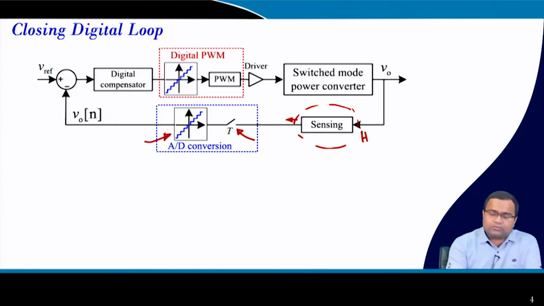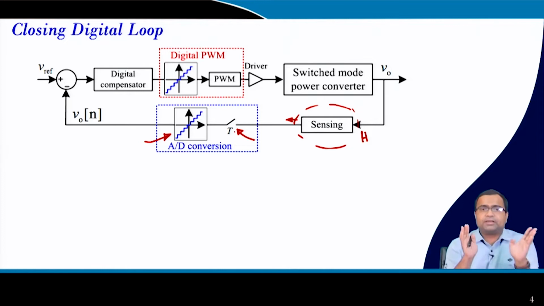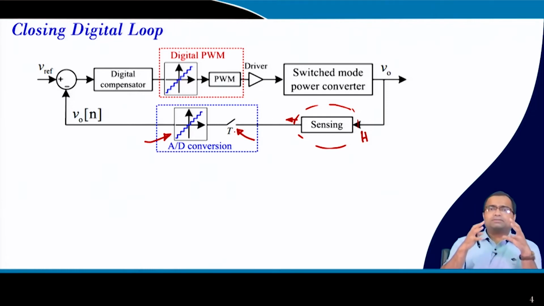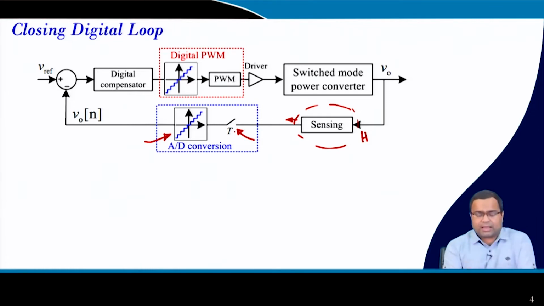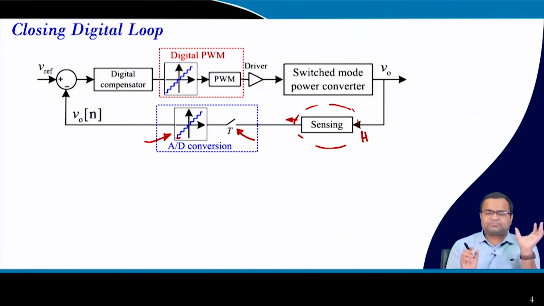Once we sample, this sampled signal has to go through the ADC, which has a finite number of bits, whether we are talking about an 8 bit ADC, 9 bit ADC or 6 bit ADC, and we know about the resolution of the ADC. So the ADC will also discretize in amplitude, that is quantize, because it has a finite resolution, and depending upon the number of bits we can define the quantization voltage level.